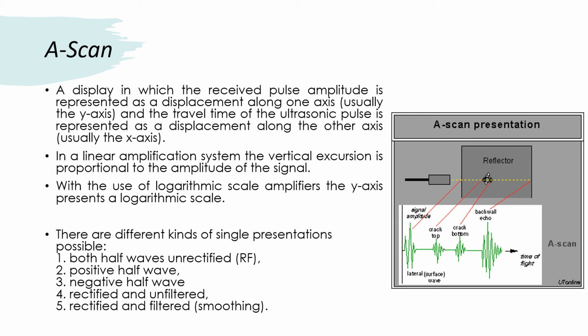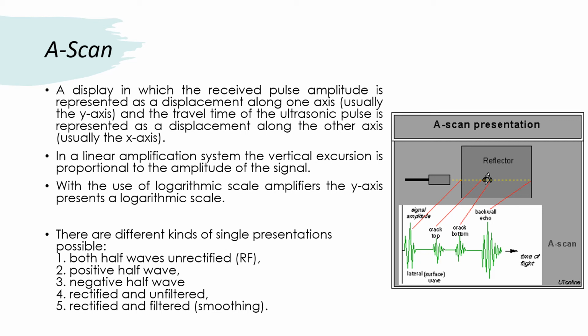So in the x-axis, travel time is shown, and in the y-axis the received pulse amplitude is represented. This is the A scan, where in a linear amplification system, the vertical deflection is proportional to the amplitude of the signal. With the use of logarithmic amplifiers, the y-axis represents a logarithmic scale.